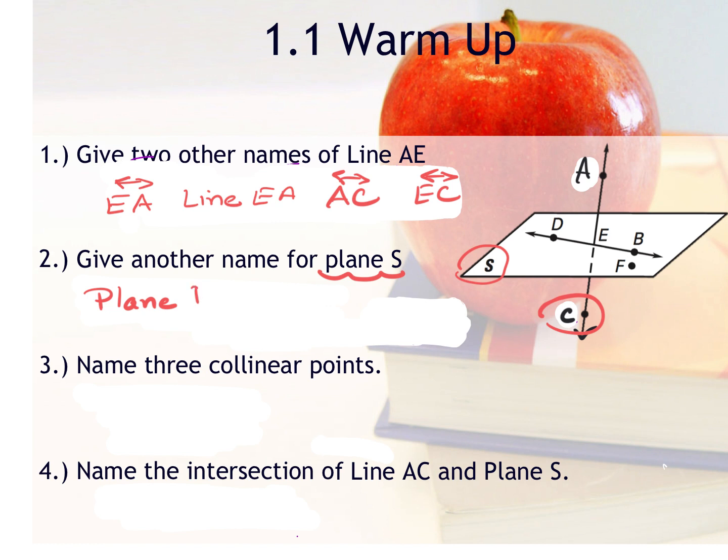So I could use D, E, and F. I could also use points D, B, and F, and then any combination or any order of any of these. So I could also say plane EBF, just as long as you don't name these 3, because it needs to be named with 3 non-collinear points. S is not a point, S is the name of the plane.